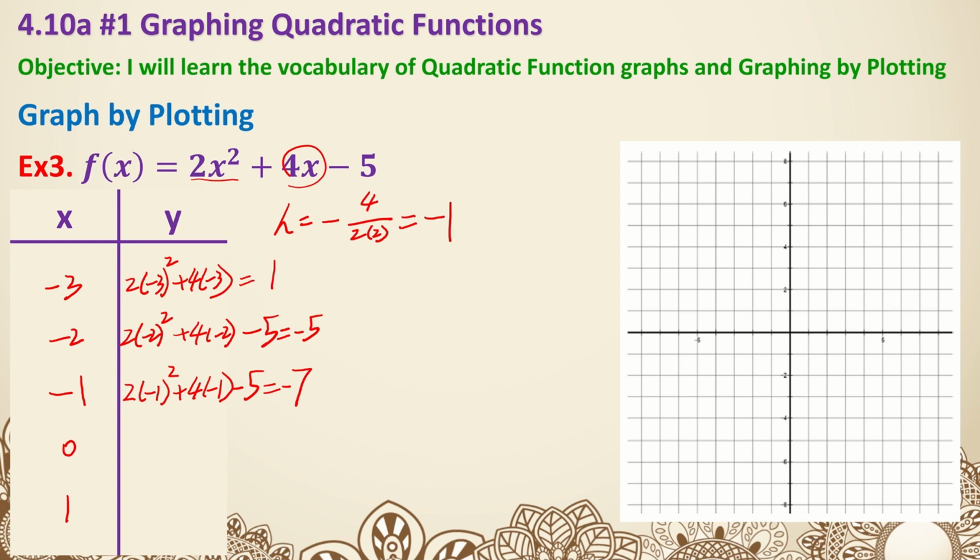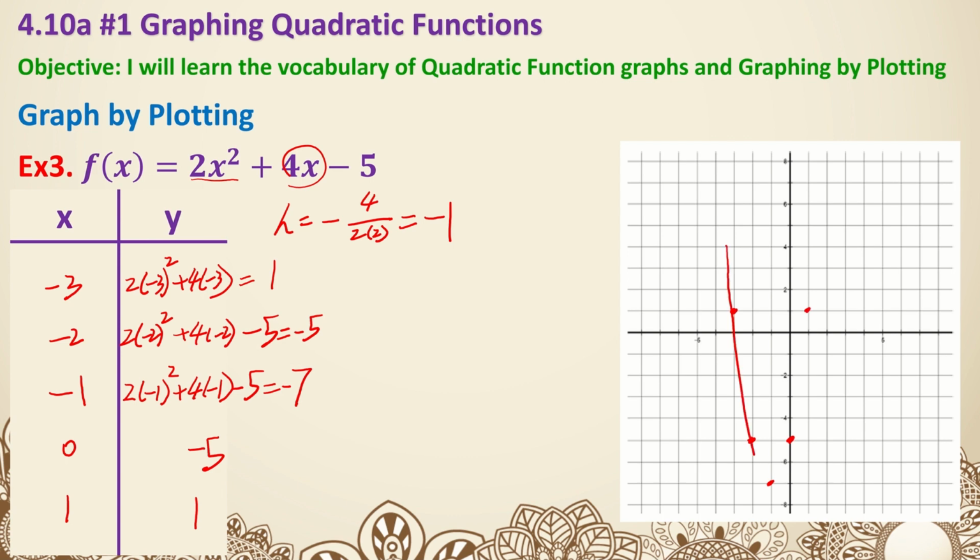1. And on the other side, you should already know, they're going to give you the same value because the whole thing is symmetric. So negative 3 is at 1, negative 2 is at negative 5, and negative 1 is at negative 7, and then 0 is at negative 5, and 1 is at 1. So there you go.